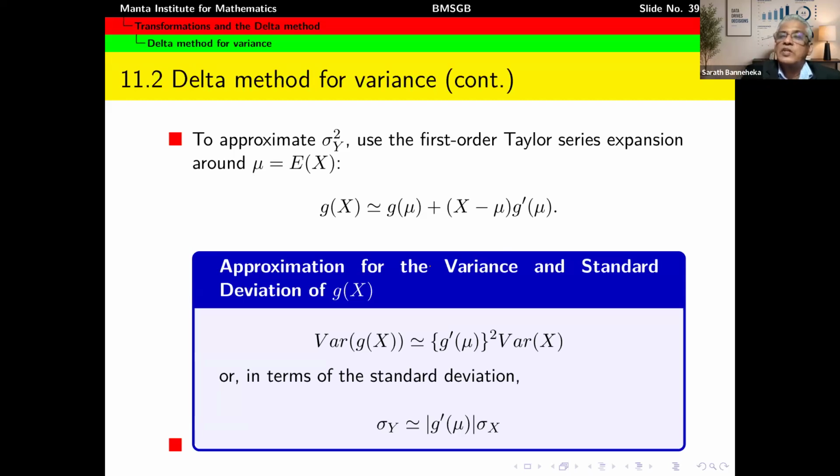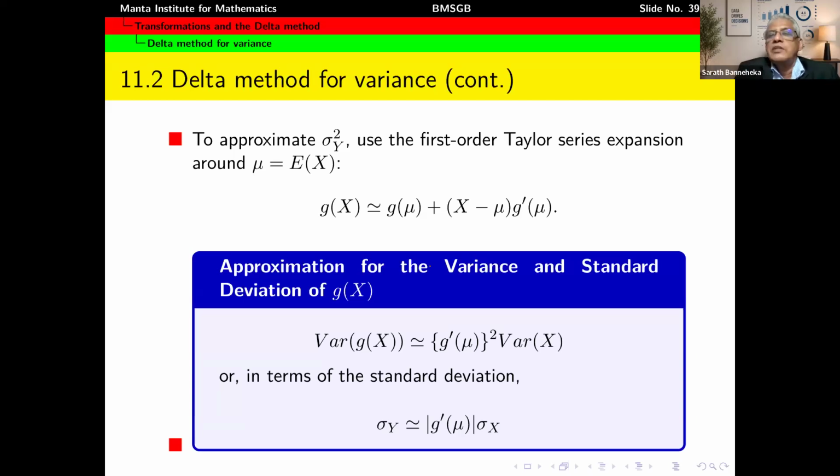But we know that the variance of x minus mu is the same as the variance of x. So we easily get an approximation for the variance of g(x) as the square of this term, that is g dash mu squared, times the variance of x.